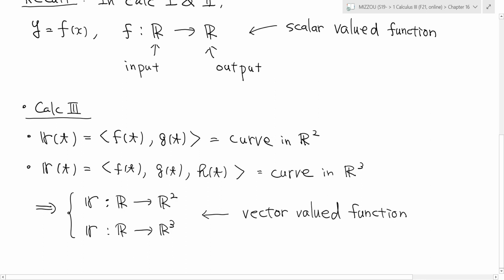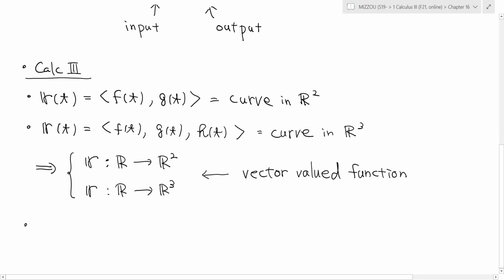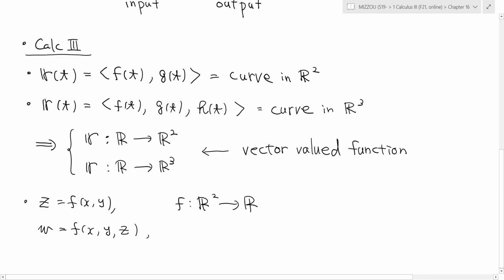Now also we have seen functions like z is equal to f of x, y, or with three variables, w is equal to f of x, y, z. Those two can be written as an input-output system. For the first, the input is a pair of real numbers, so it's R2. For the next one, the input is R3, and the output is a real number.